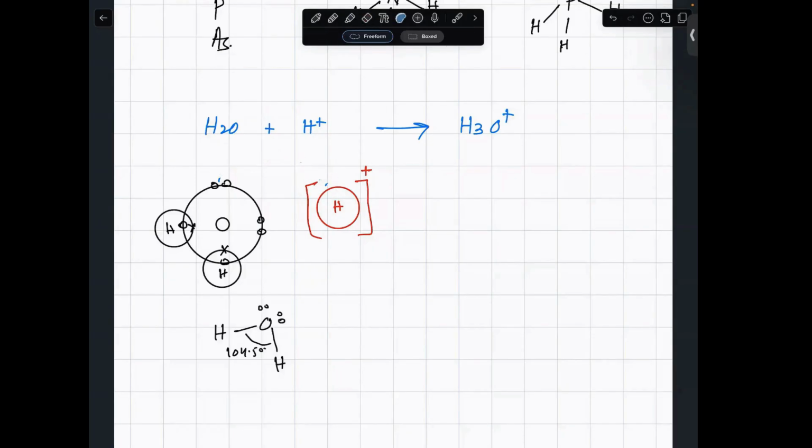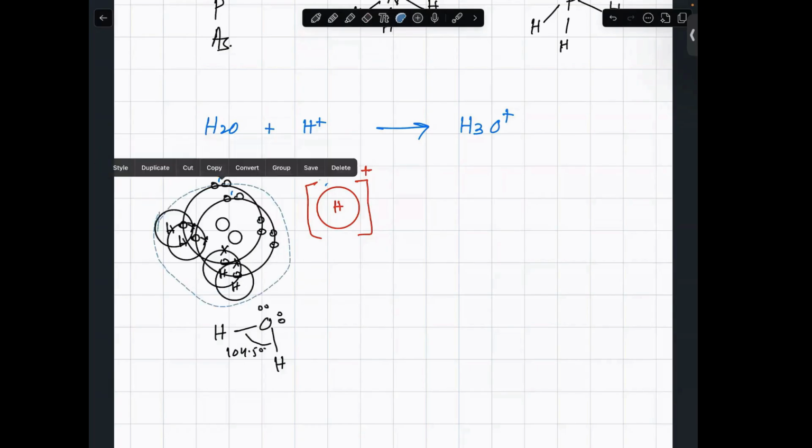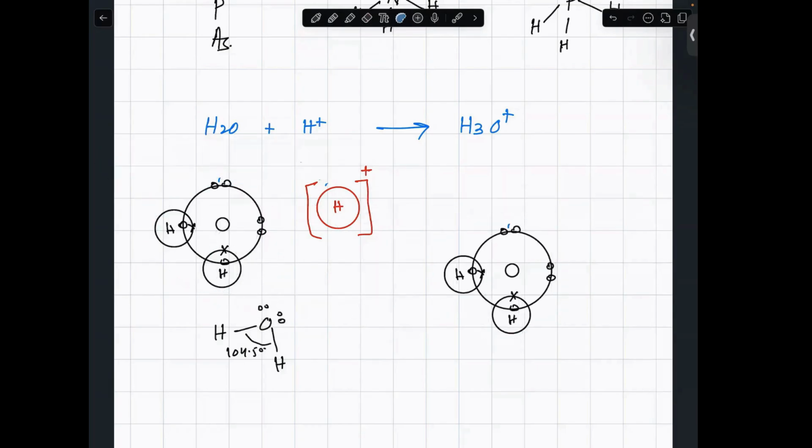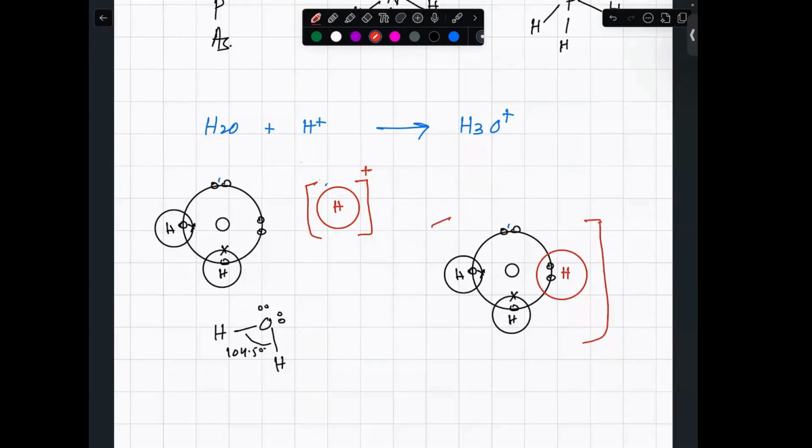I'm copying that, then I will rewrite it again. This is water. This is H plus, making a dative bond like this. This is H plus. So what is the difference?